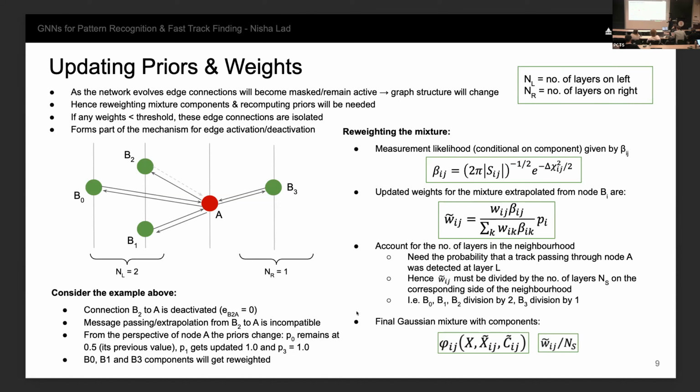And we also need to account for the number of layers in the neighborhood. So we need the probability that a track passing through node A would be detected at layer L. So this is why we need to divide by the number of layers on either side, because there is a local track direction.